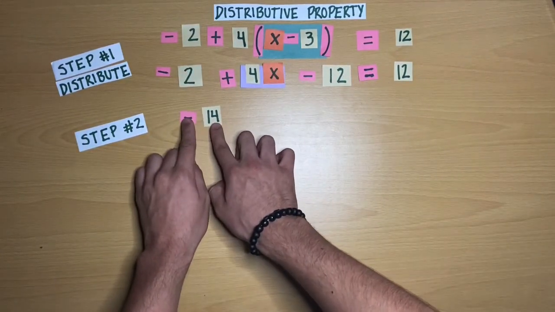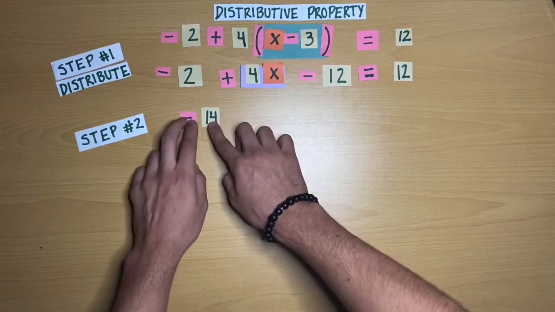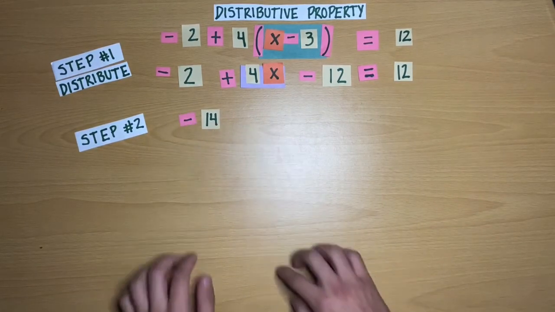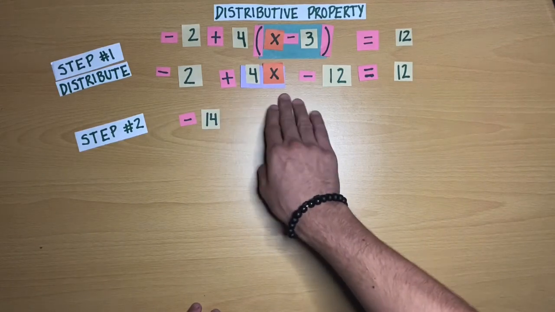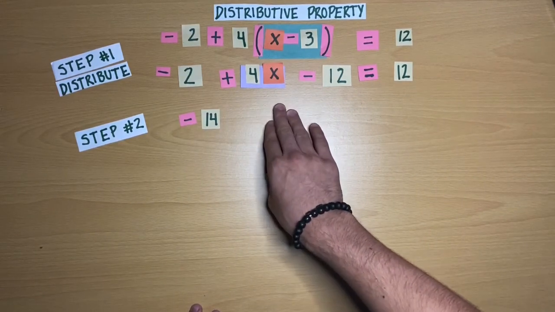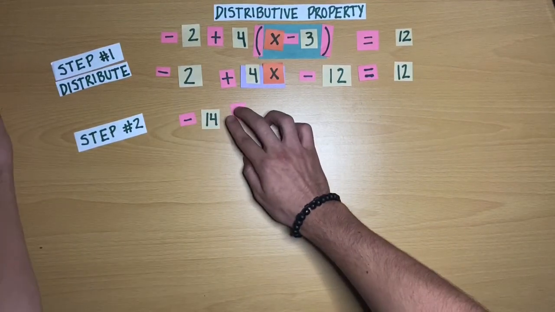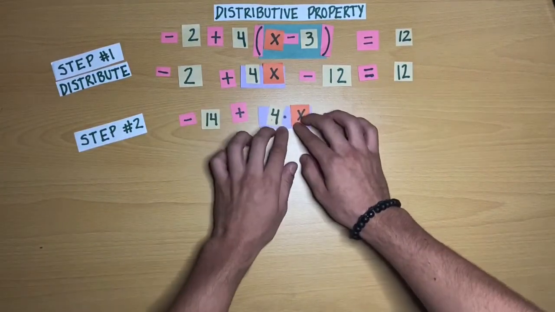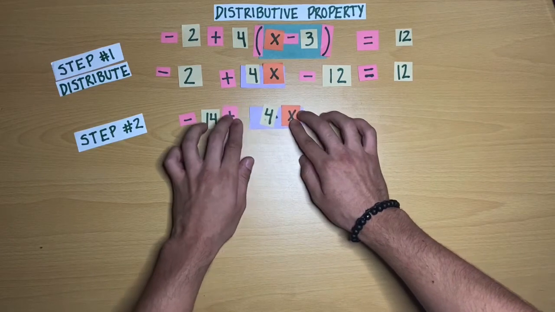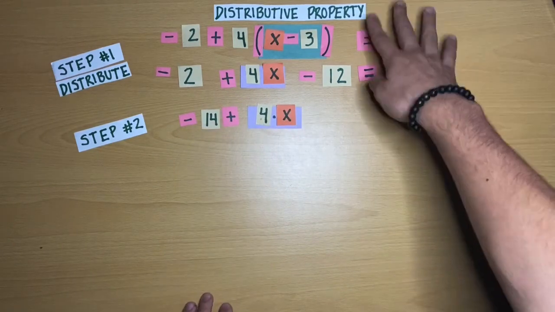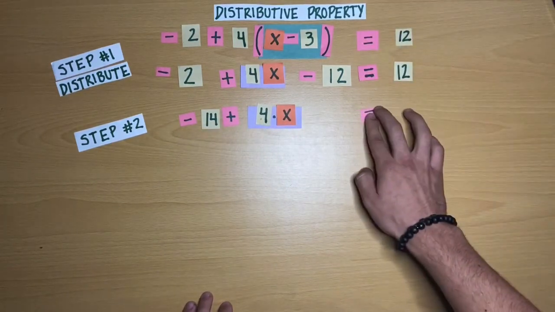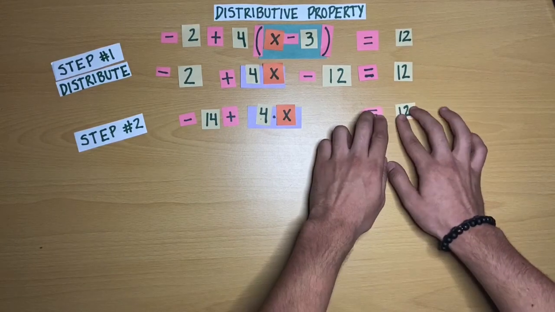But now we know that -2 minus 12, that's -14. We did not do anything with this 4x, so that is still +4x. And again, we didn't touch anything over here, so this just equals 12.